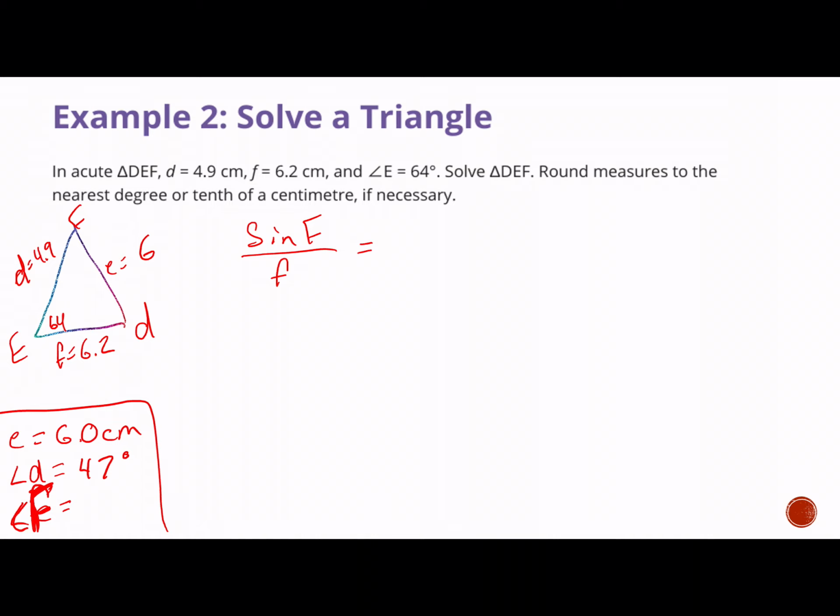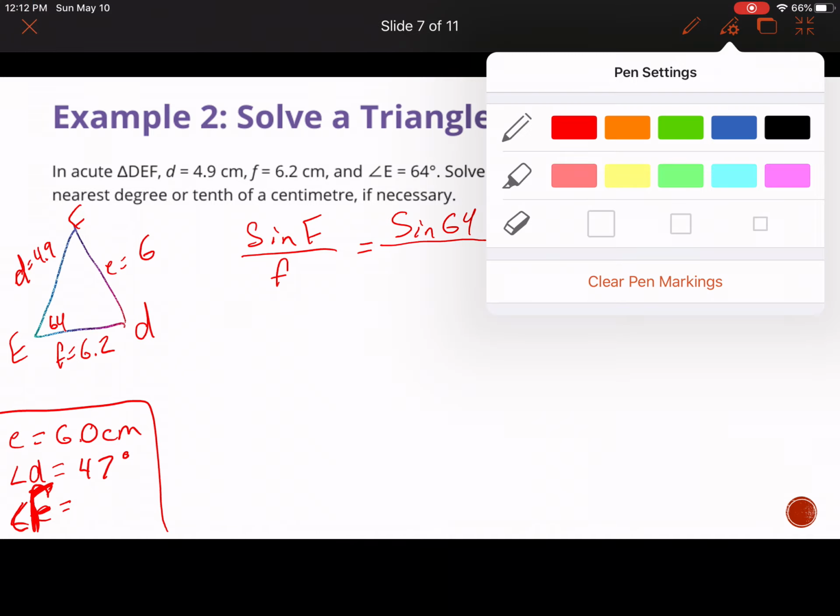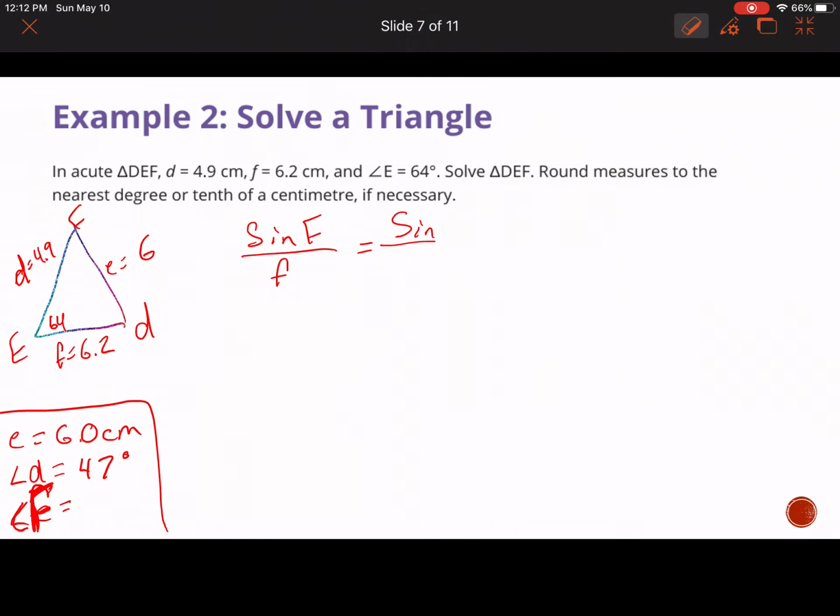Again, we could use it using F or we could use it using E, but it's best to go back as far as possible because all of your information relies on each other, and if you make a mistake, you're going to continue to make mistakes in the next section.